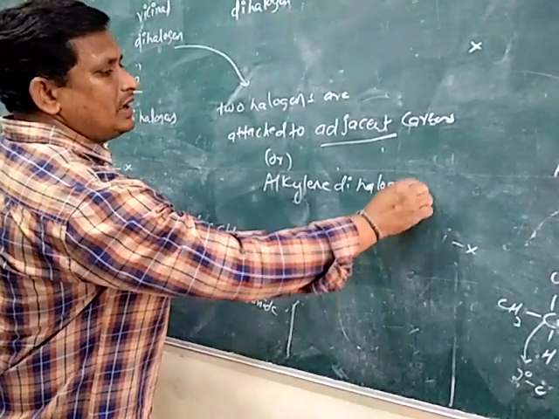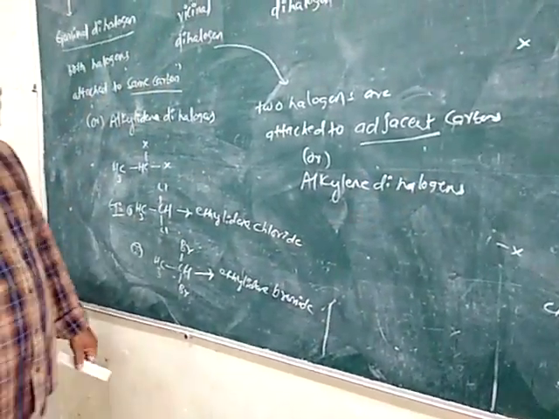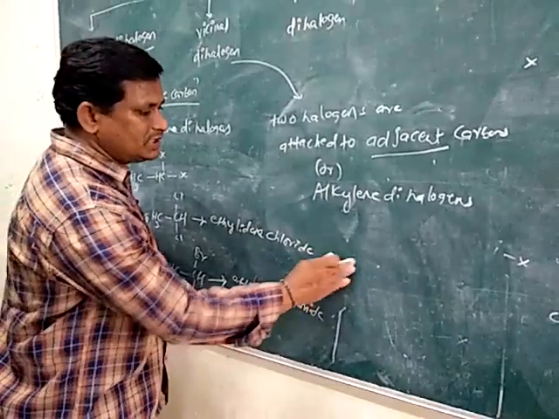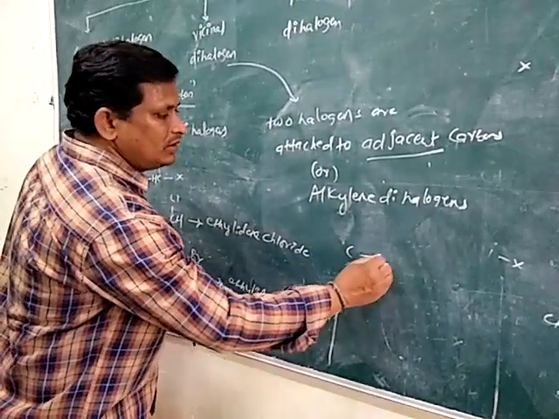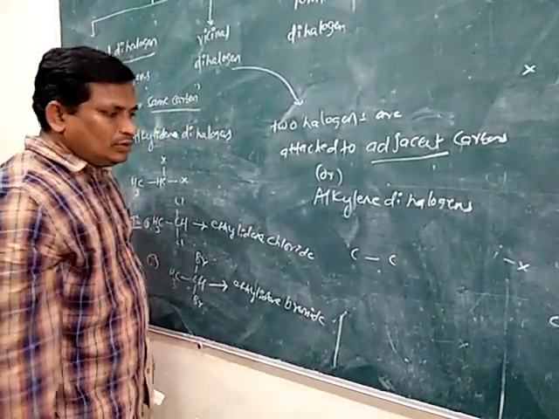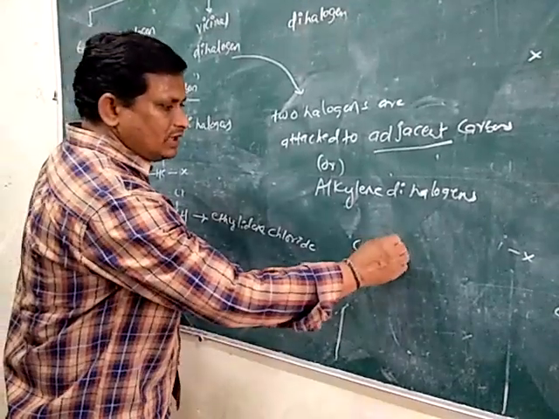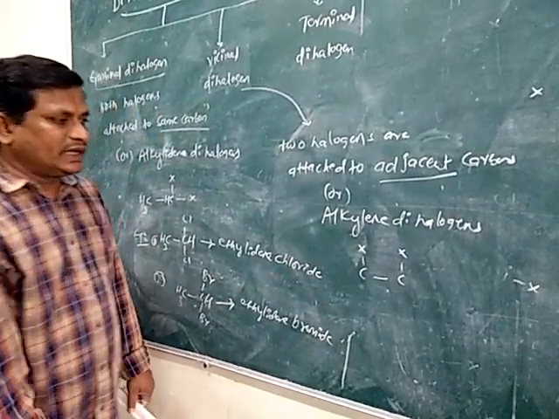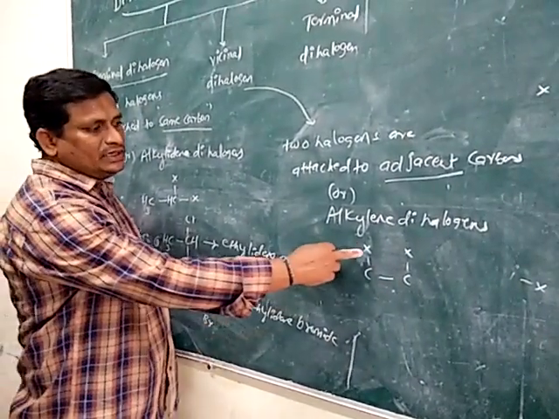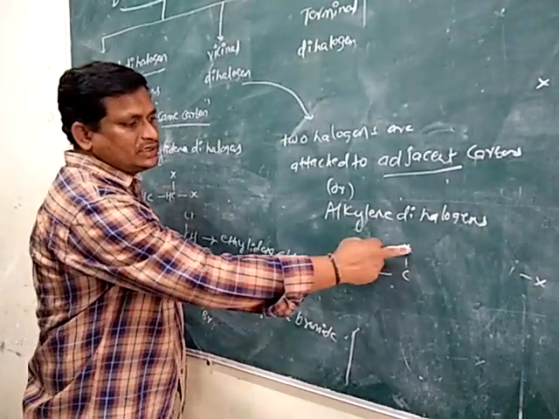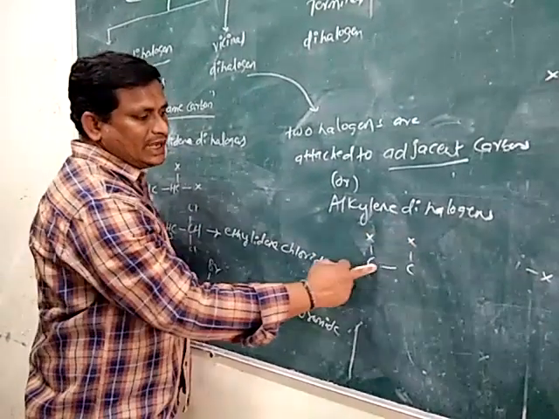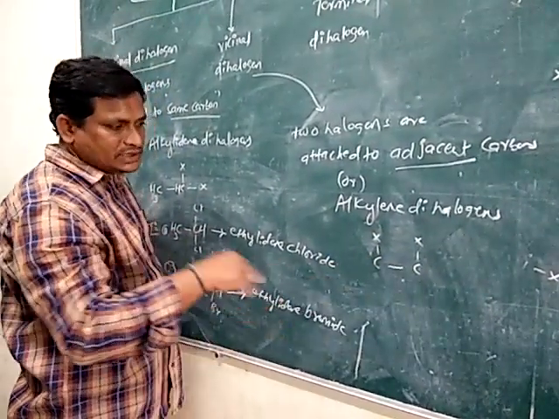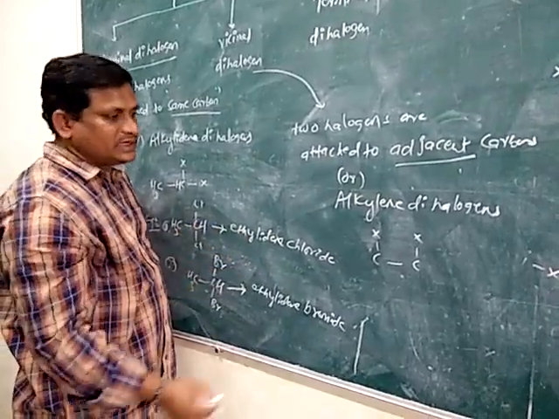Dihalides are dihalogens. Now this compound's representation is, for example, let us consider two carbons, with one carbon having one halogen and the second carbon having the second halogen. In these compounds, two halogens are attached to adjacent carbons. Adjacent carbon means sidewise carbons.